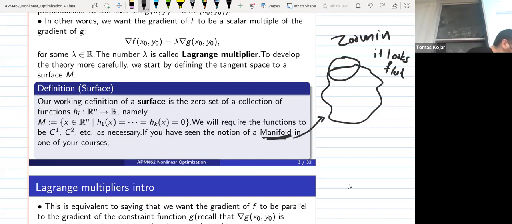So you go in and it looks flat. That's all. If you take a derivative, it doesn't matter. But for your intuition, that's how it was taught. If you go in very, very closely, it looks like Euclidean space. Okay? All right. Manifolds are cool.